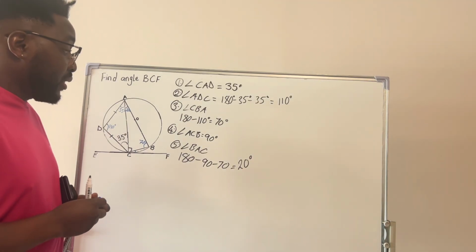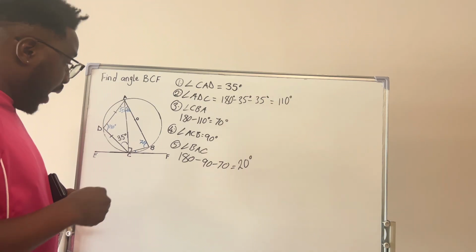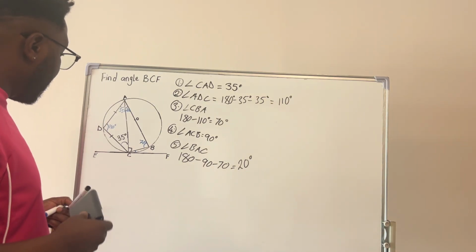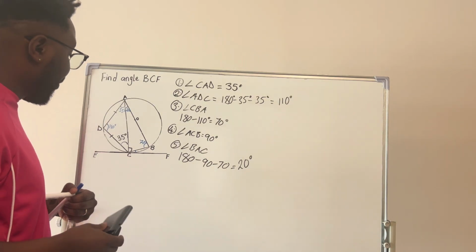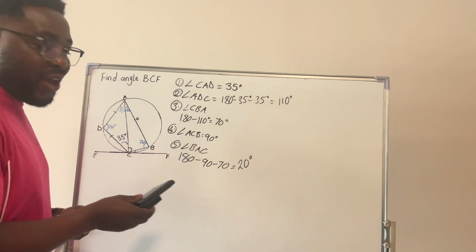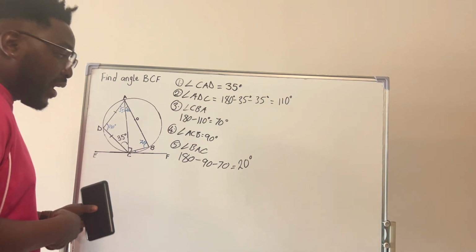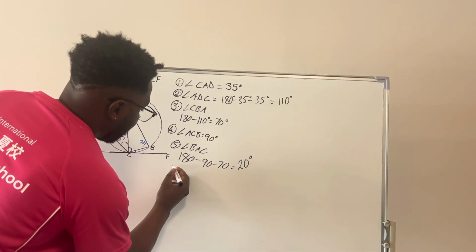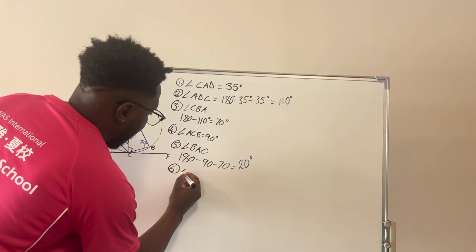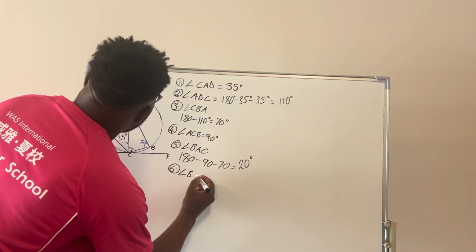Now that we've found our angle BAC, which is 20 degrees, our next step is to find angle BCF. How do we find this angle? This is our last step, angle BCF.